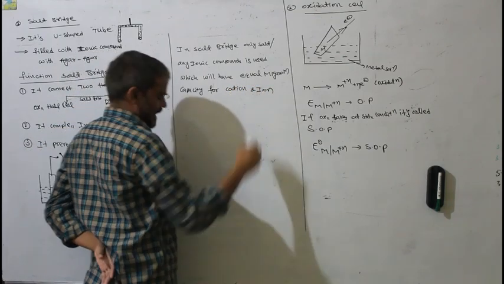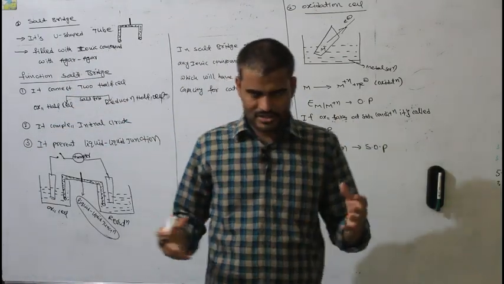Simple point, sir: cation and anion must have equal migration.